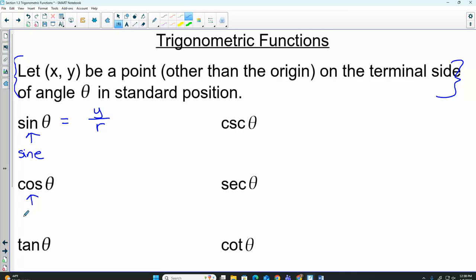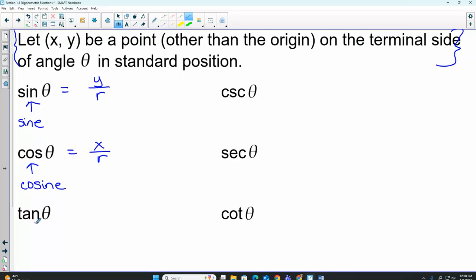The cos, that's called cosine of theta. And the definition of cosine is x divided by r. Tan, this is called tangent of theta, is y divided by x.